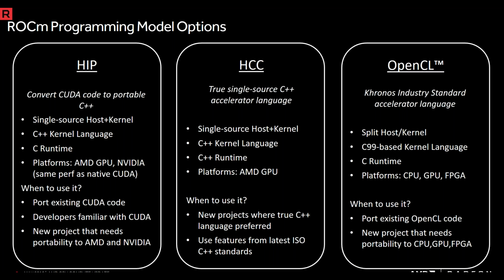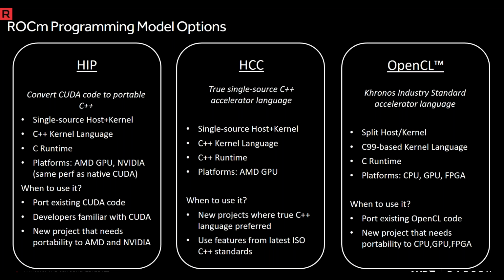The idea is this: NVIDIA is a pioneer in GPU compute, and there are several applications, including deep neural network applications, which are already ported onto CUDA. Now we enable those applications to be ported easily, without too much effort, to AMD GPUs using this HIP compiler. It is a single source, host plus kernel, because it uses the C++ kernel language.